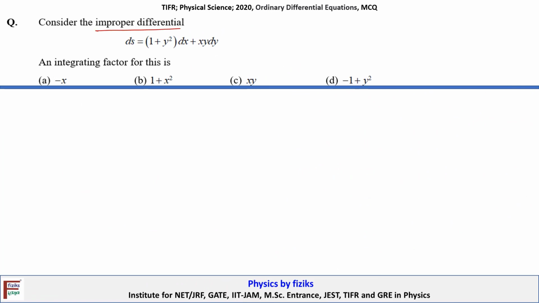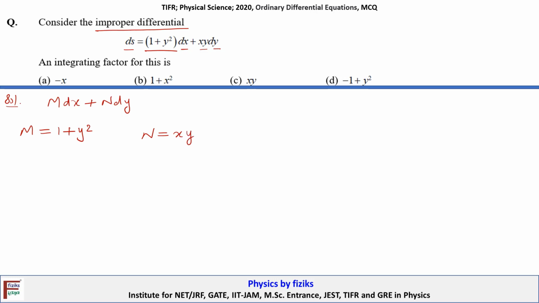Consider the improper differential that is given by ds is equal to 1 plus y square into dx plus xy into dy. Then what is the integrating factor for this improper differential? Here we know that the improper differential equation is given by M dx plus N dy, and on comparing with this we obtain that M is equal to 1 plus y square and N is equal to x into y.